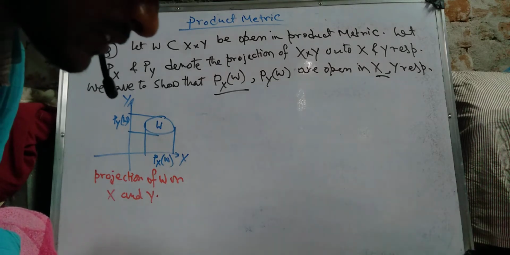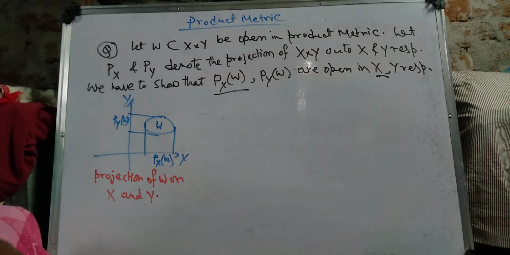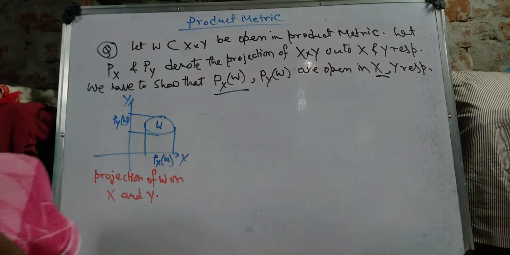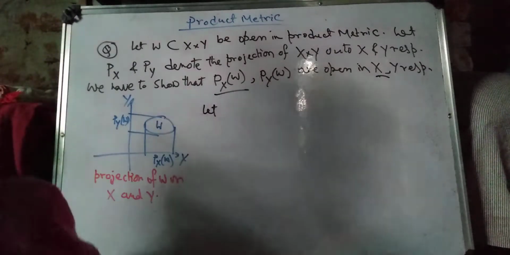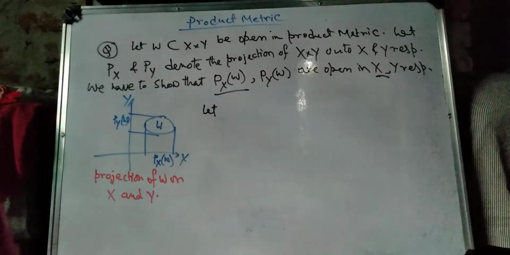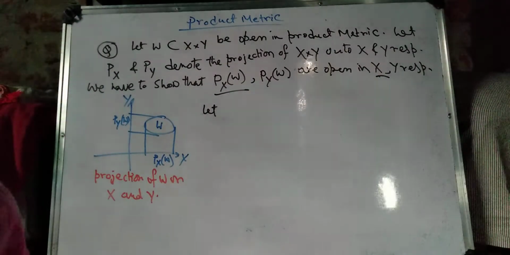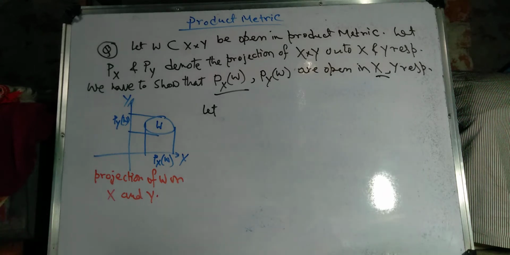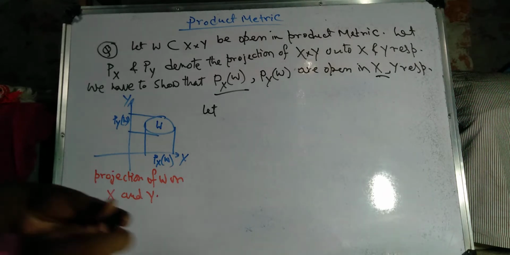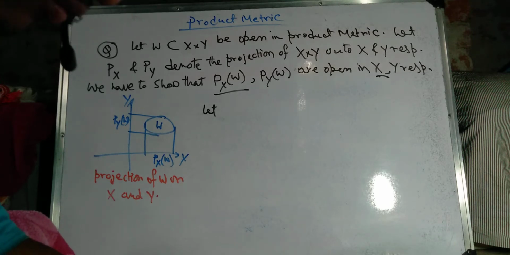We just take this projection, and now we prove that the projection of W is open in X. How we prove it?